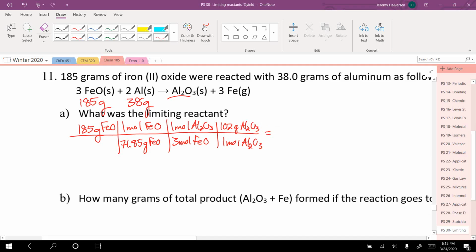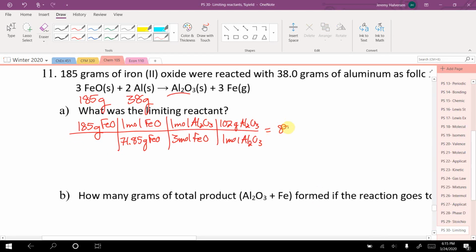So my 185 grams of FeO could make 87.54 grams of Al2O3 is what I got there.